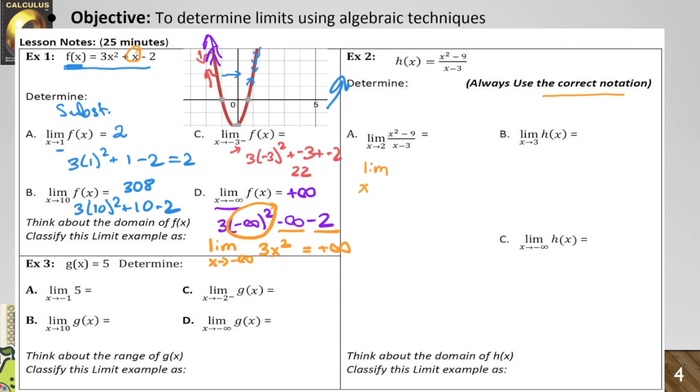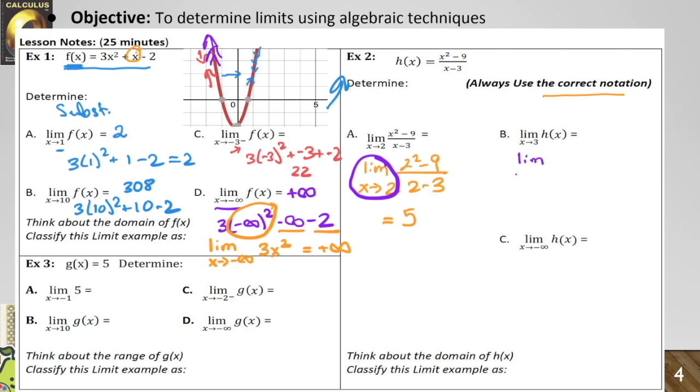The limit as x approaches 2 for this function is going to be 2 squared minus 9 over 2 minus 3, which is going to be 5. Now, the correct notation: once you do the substitution, you do not need to write the limit notation again. However, you must write the notation until you actually do the substitution.